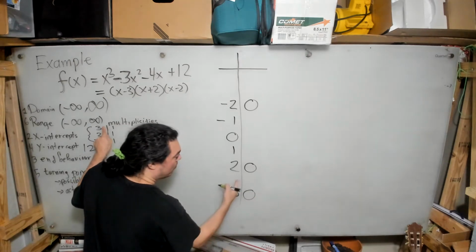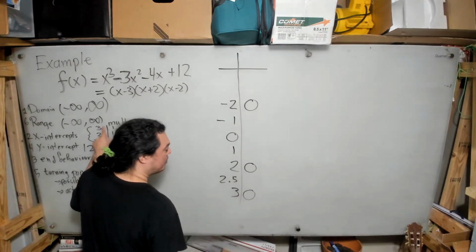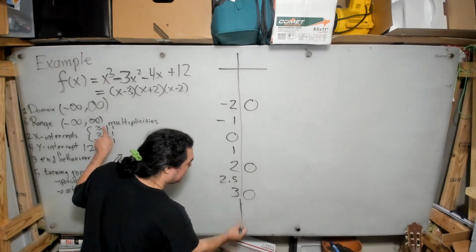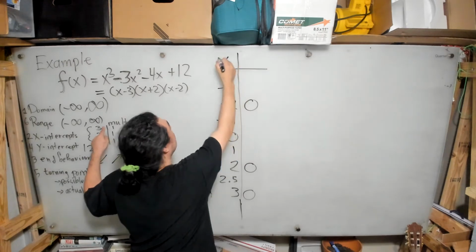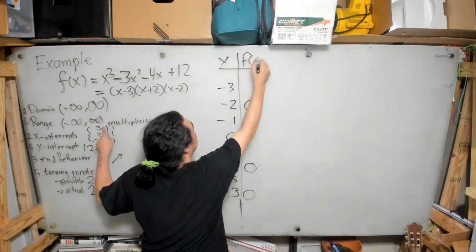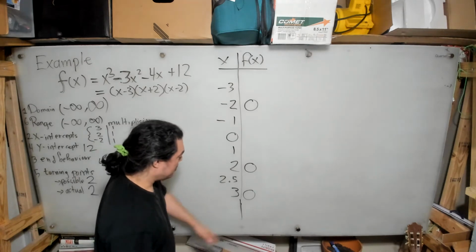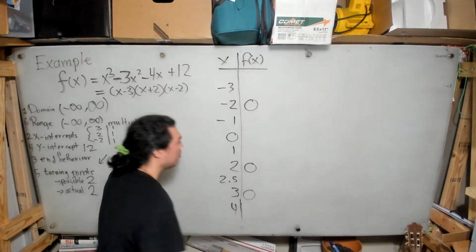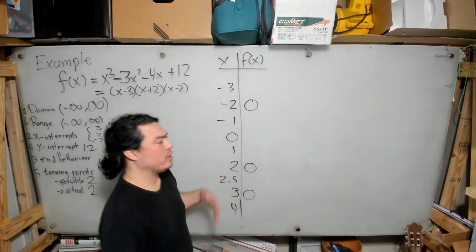So maybe I want to plug in 2.5 as well to see what's going to happen in between, to get a feel for what's happening. And then a little bit beforehand, maybe -3. And then here, I'm going to figure out what the f of x is. And maybe we'll plug in 4. So now, let's fill in this table to get an idea of what the points are going to look like.